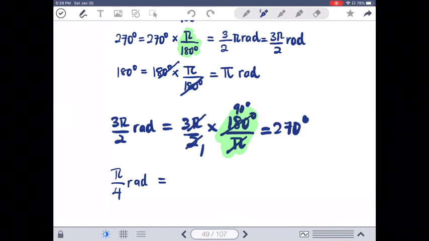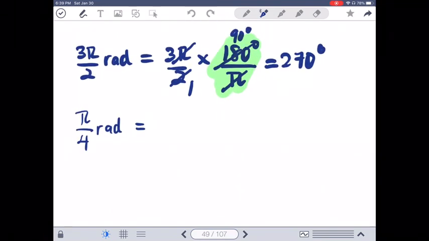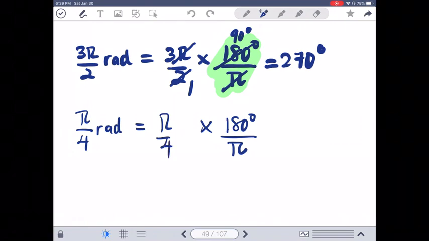Again, from radians to degrees, we need to multiply by 180 degrees over pi. So pi over 4 times 180 degrees over pi. So we can cancel that out. So this is just equal to 45 degrees.